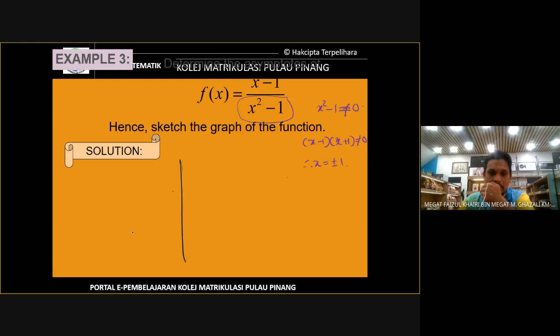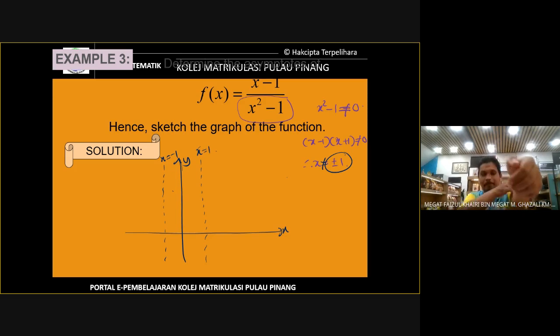Okay, so x cannot be equal to negative and positive 1. This is x equal to negative 1 and x equal to 1.